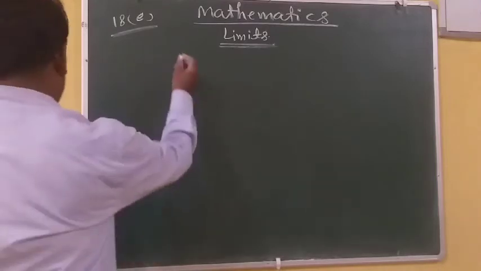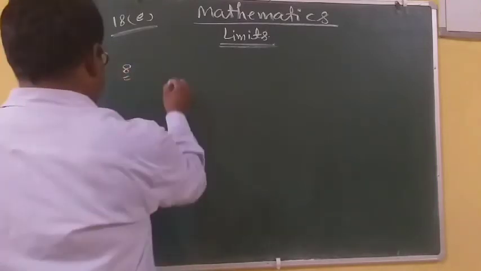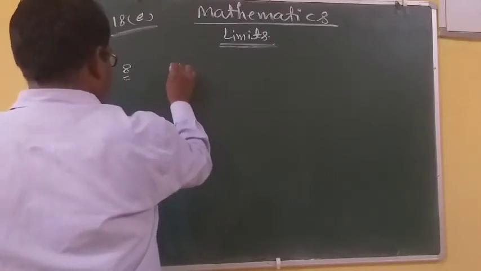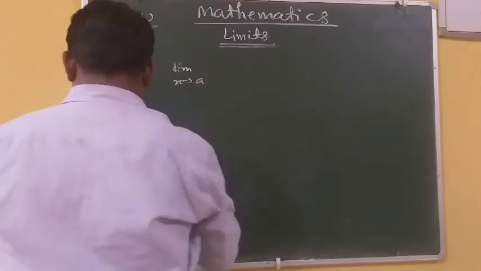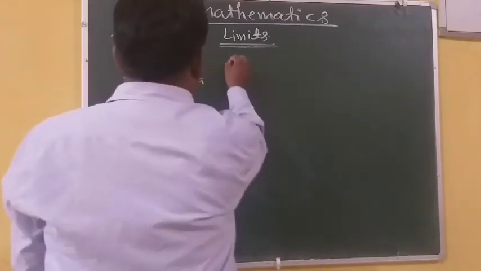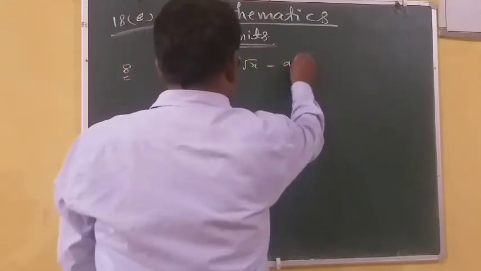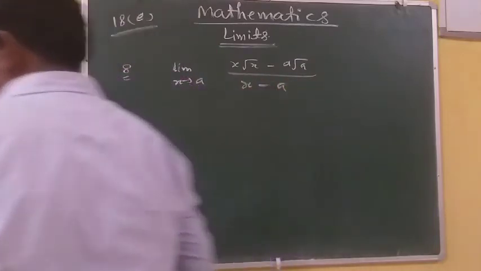Now one more, that is question number 8. Limit x tends to a of (x root x minus a root a) upon x minus a.